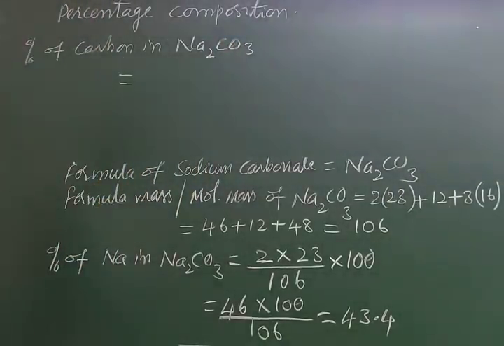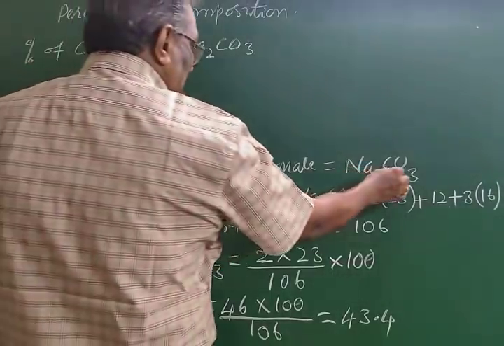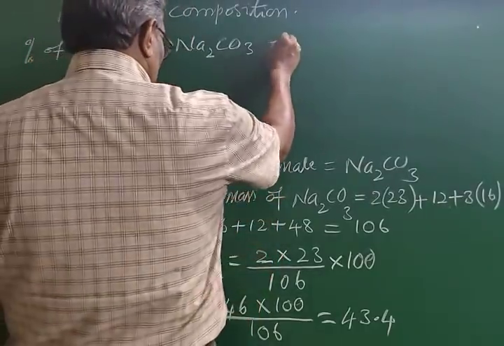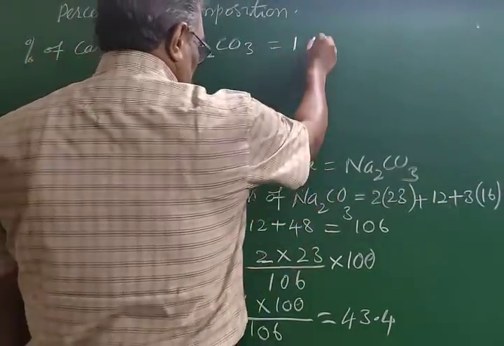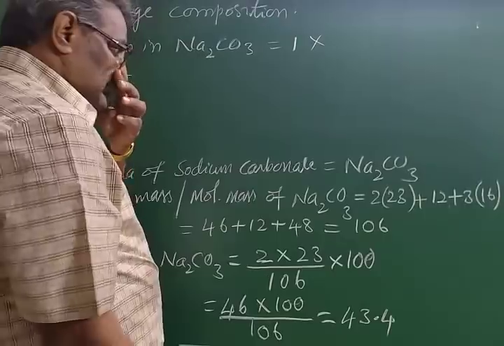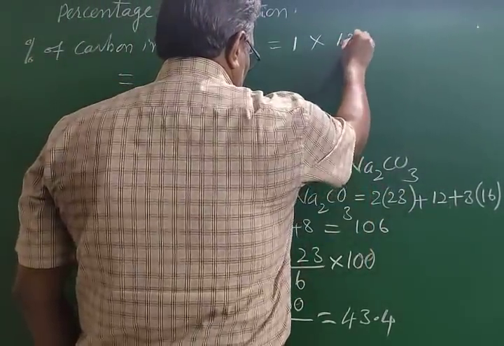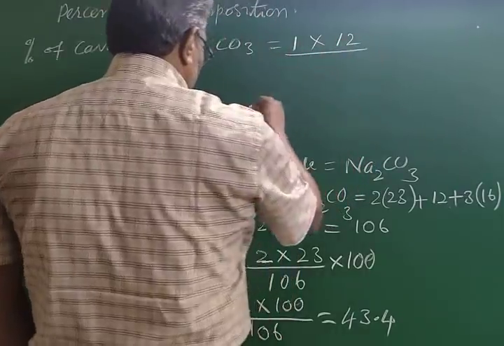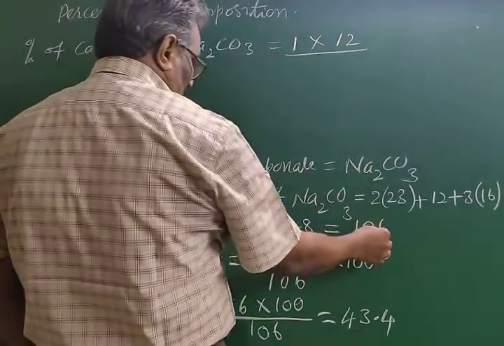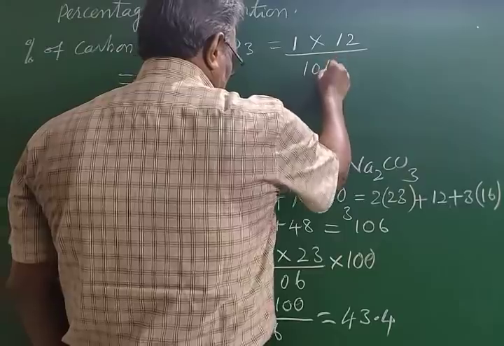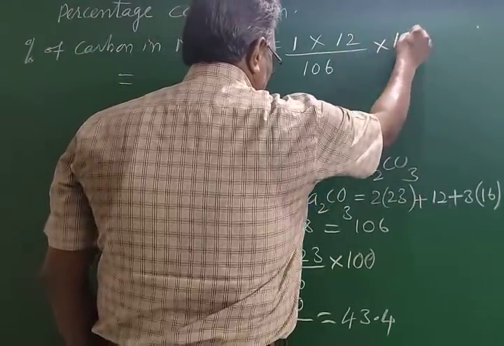The number of atoms of carbon: how many atoms of carbon are there in sodium carbonate? 1 atom, that is 1, into the atomic mass of carbon, 12, by the molecular weight of sodium carbonate, 106, into 100.